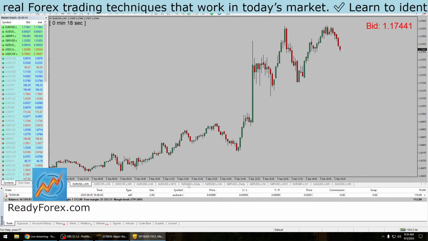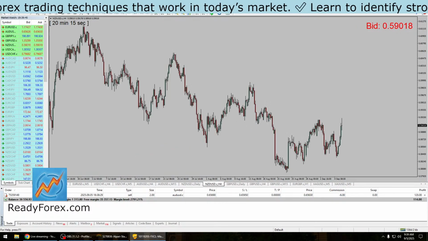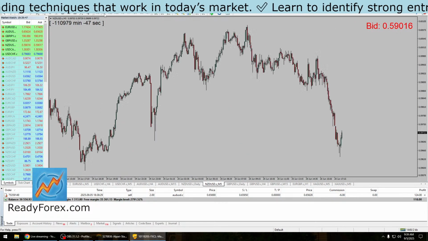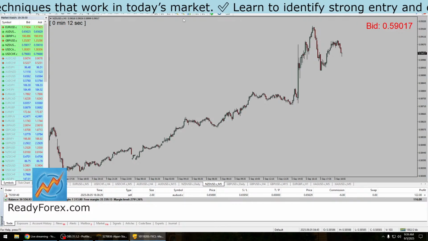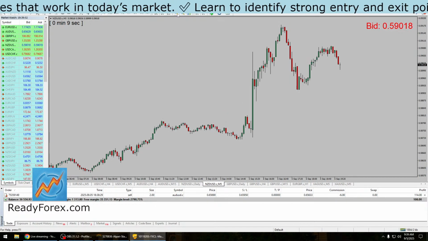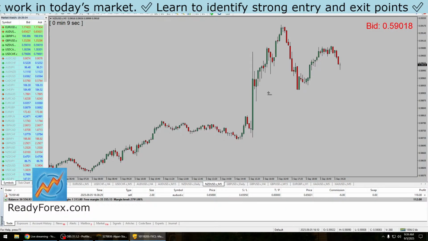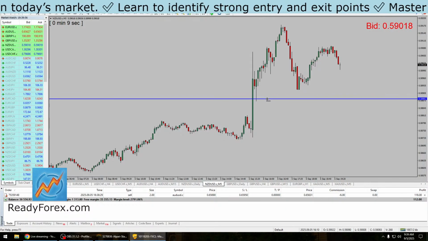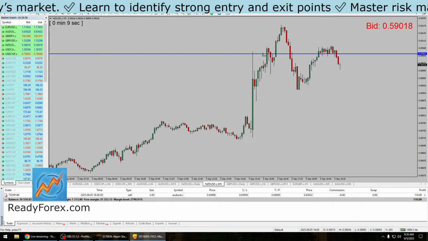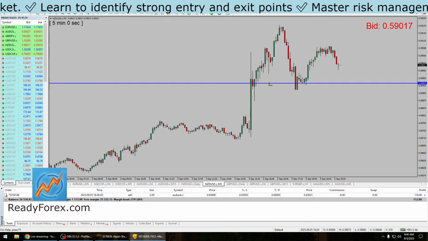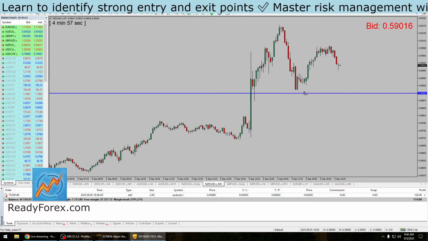Okay, if you check out the NZDUSD currency pair, let's see what's going on, especially inside the smaller time frames. This looks to me kind of like a breakout. I would prefer not to.